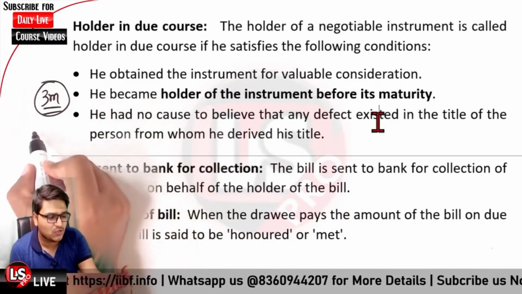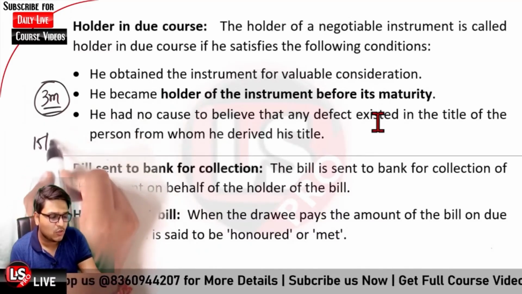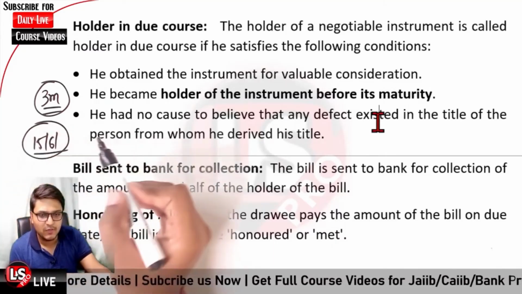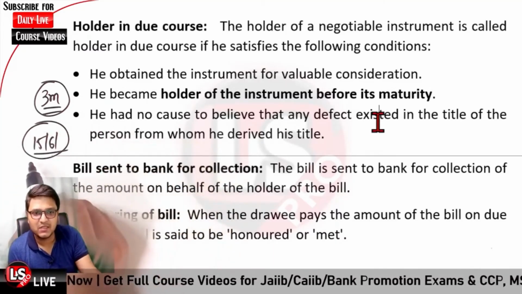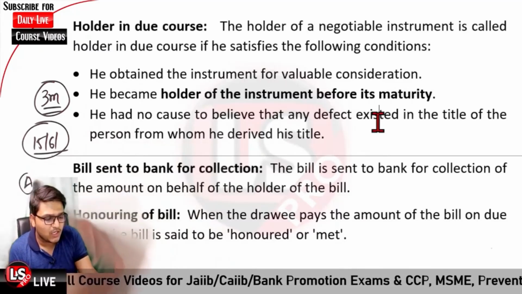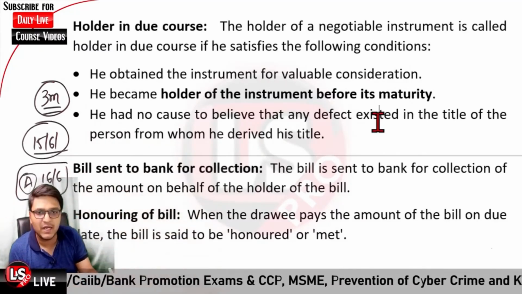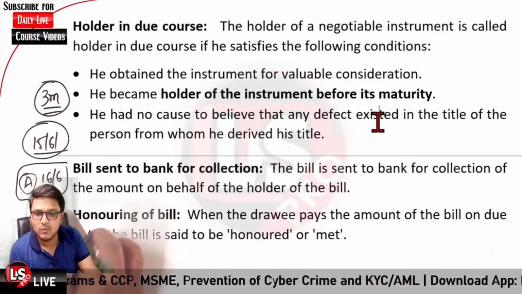So if a check has maturity on 15th of June, and person A becomes the holder on 16th of June, in that case he will not be entitled.